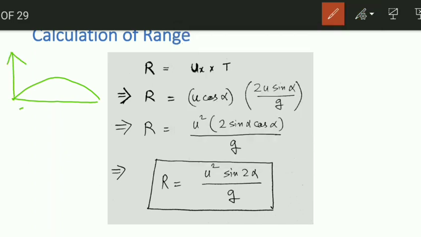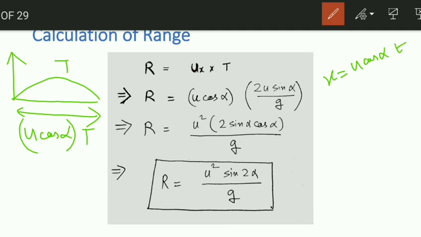Now, in the x direction, during the time of flight, u cos alpha will be the velocity, and there is no acceleration, into the time of flight, that is t. We can say x is equal to u cos alpha into t. Now, when t is equal to the time of flight, x becomes R. From there we get R is equal to ux into t.